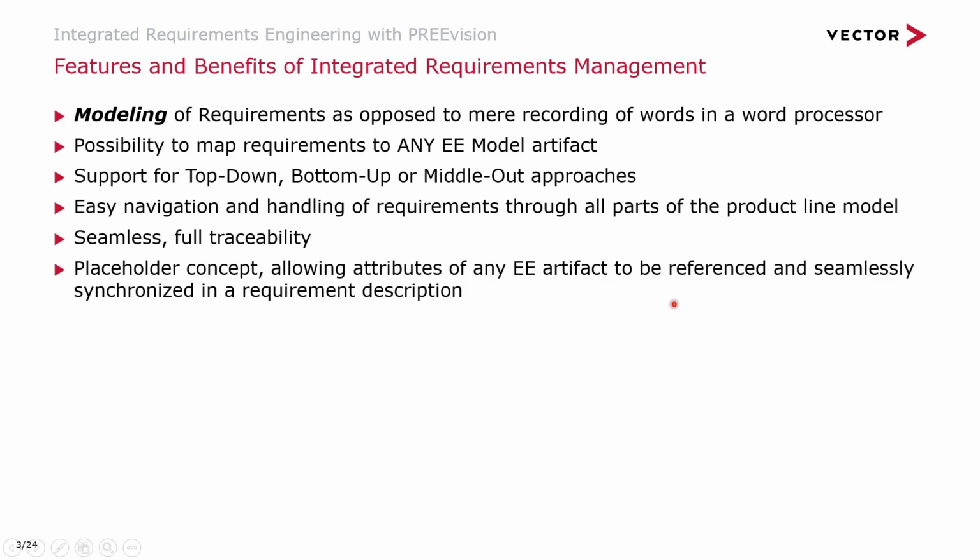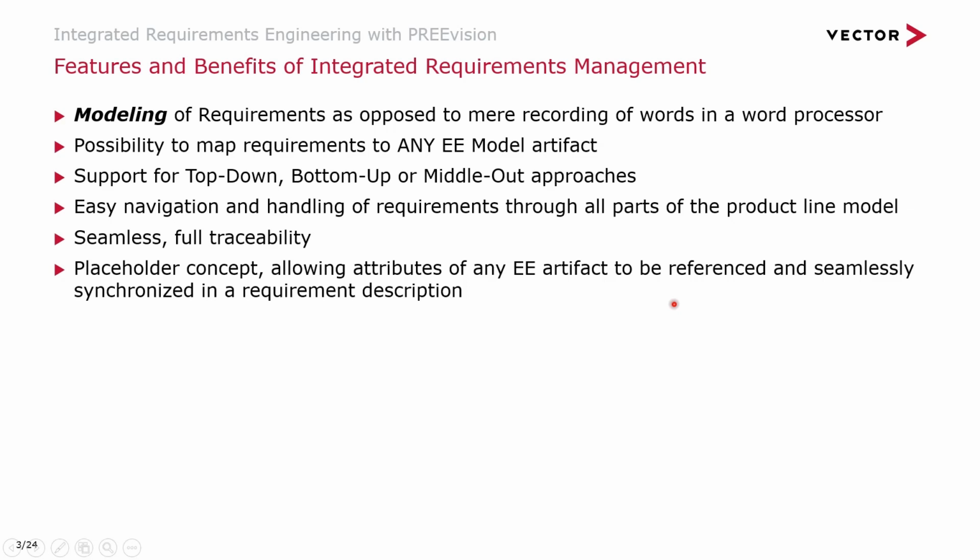And so particularly from a bottom-up or middle-out approach, if you have other elements in your model that you want to reference inside the description of a requirement, that placeholder allows that term or that name or whatever attribute you choose to reference to be included almost like a field inside of a word processing program.